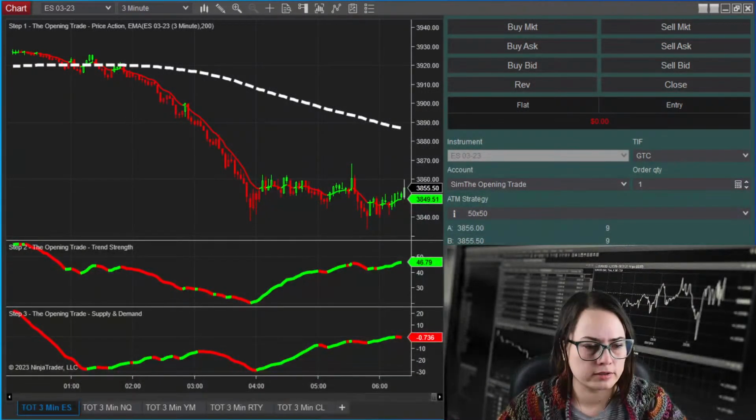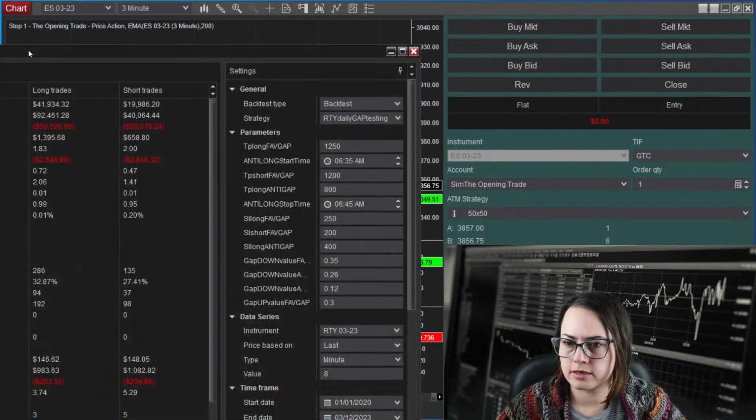Then 2 minutes later, if the parameters are met, we could see the next automated trade take place, and that's going to be on the Russell 2000 futures.